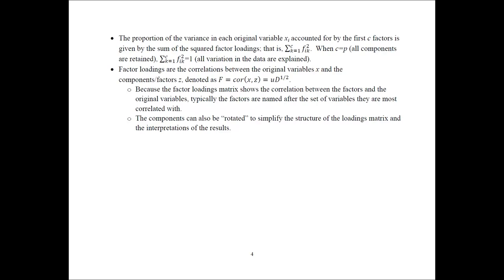So for example, if you're doing a survey and you kind of know which factors are important, you could have several questions representing those factors, and then your analysis would show you which questions really load on which factors, and would confirm that. And another thing that we're going to do here is that the components can also be rotated to simplify the structure of the loadings matrix, and also to facilitate the interpretation of the results.